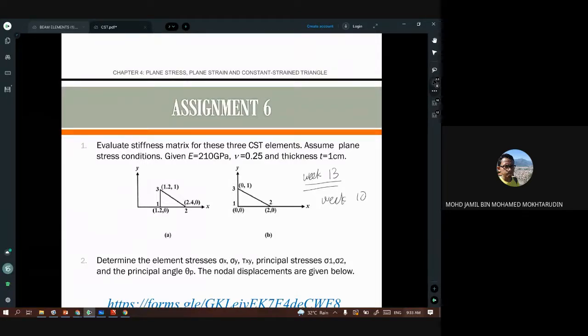Please do this so that you don't study last minute. Test 2 is 35% and it requires very long calculations when it involves CST, trusses, and beam elements. The calculation will be very long and you might not have time to finish, so please don't take test 2 lightly.